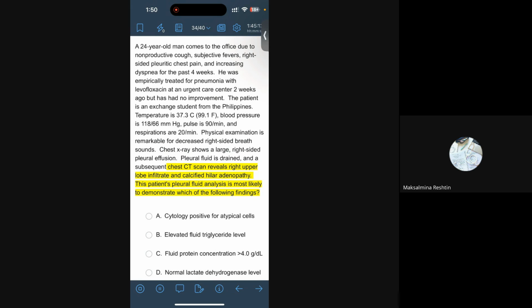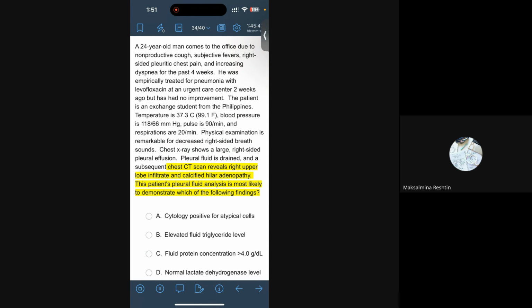You have to tell me the diagnosis here. A 25-year-old comes with non-productive cough, subjective fevers, right-sided pleuritic chest pain, and increasing dyspnea. He was empirically treated for pneumonia with levofloxacin at an urgent care center 2 weeks ago but had no improvement.